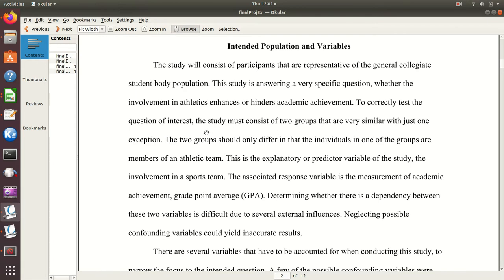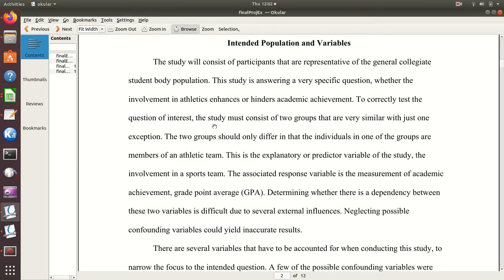Okay, so here they are starting to talk about variables and confounders, but sort of on the down low, I guess I would say, right? Because they're saying we need to have these 2 groups, but they need to be similar in every way except one, okay? And they should just differ by whether the people are members of athletic teams or not. And otherwise, the group should be just the same. That makes a lot of sense.